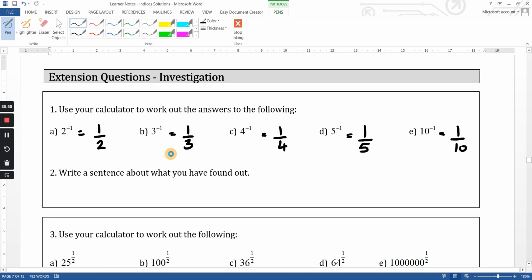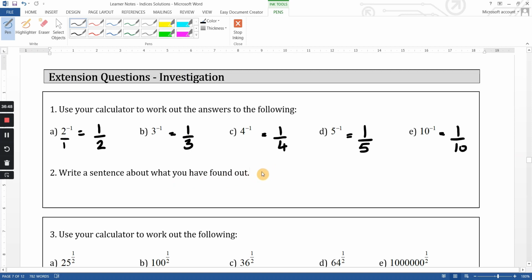If you remember from before, reciprocal means where you flip it upside down, because your number is always over 1 originally. So what's happening is it flips it upside down. The power then attaches itself to the denominator. So obviously 2 to the power 1 is just 2, so it's just going to be 1 over 2, isn't it? Yeah. So write a sentence about what you have found.